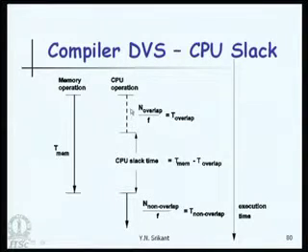Now, there is nothing wrong if we stretch this period, which is actually the useful activity region of the CPU, up to this point by reducing the voltage and frequency of the CPU. Because during this period the CPU is doing nothing, we can stretch this period up to this point, make the CPU run at a lower speed.